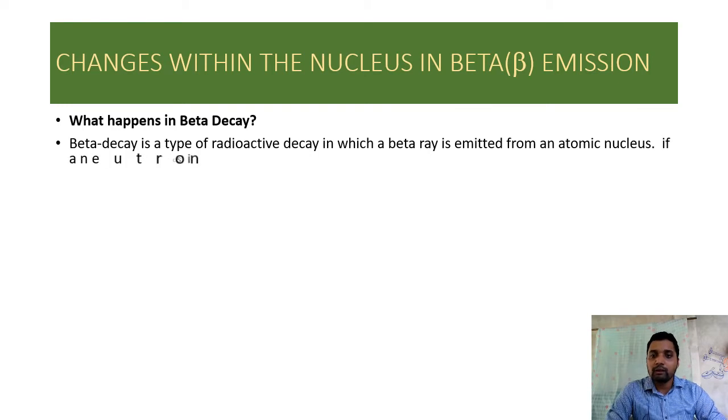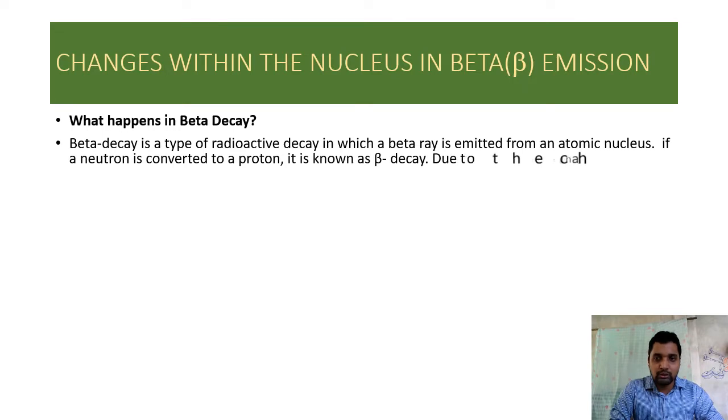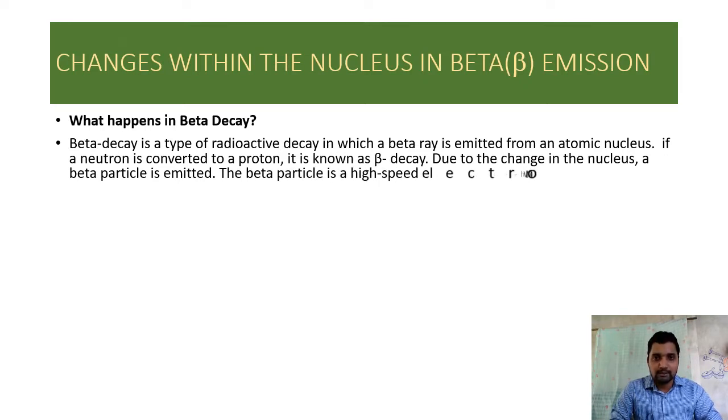There is no effect of any chemical change, no oxidation, reduction, redox reaction, endothermic, exothermic, or any type of chemical change in nuclear reactions. Only changes inside the nucleus take place.